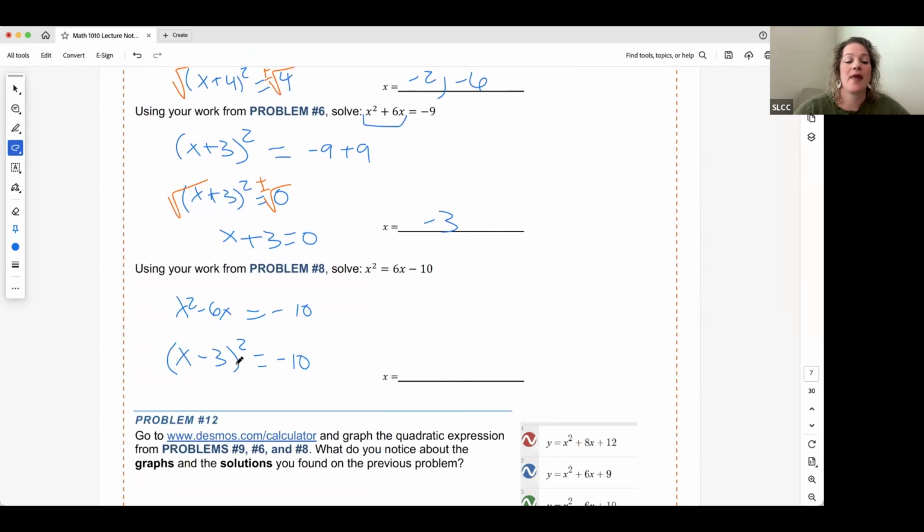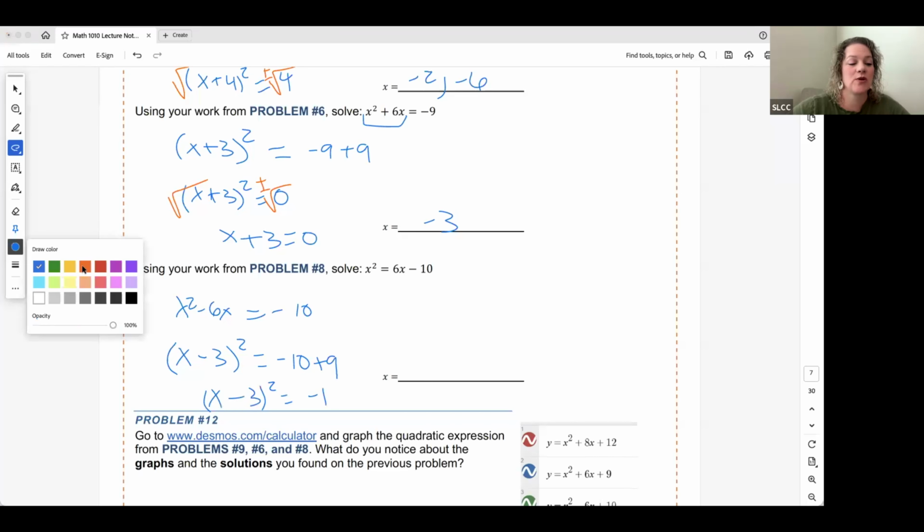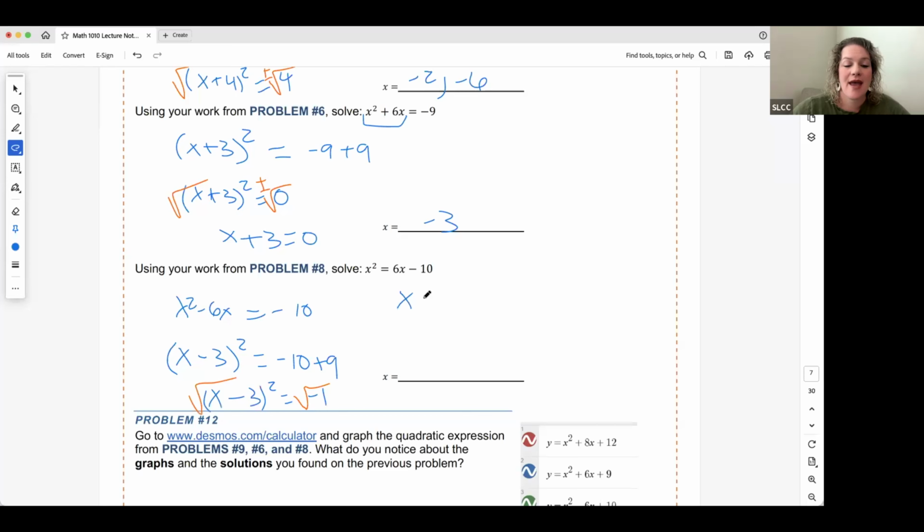Now remember, right here in this format, this says x squared minus 6x plus 9, which means I need to add 9 to the other side. So x minus 3 quantity squared equals negative 1. Now I can take the square root of both sides and x minus 3 equals plus or minus i, so x equals 3 plus or minus i.